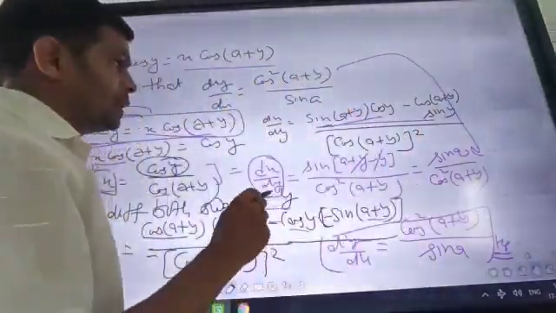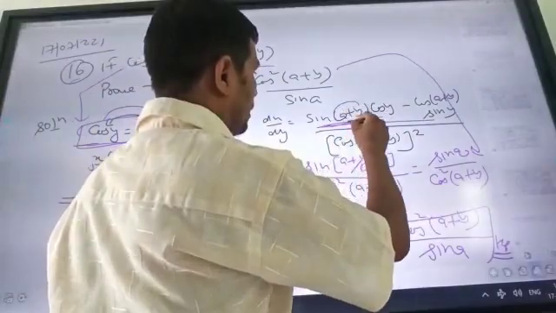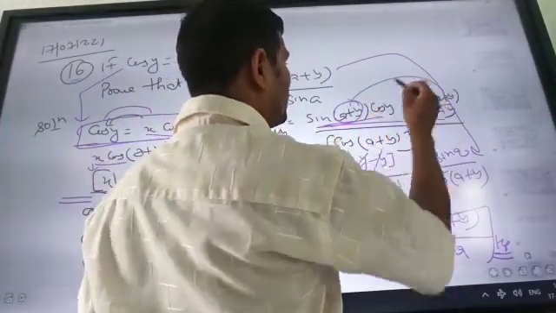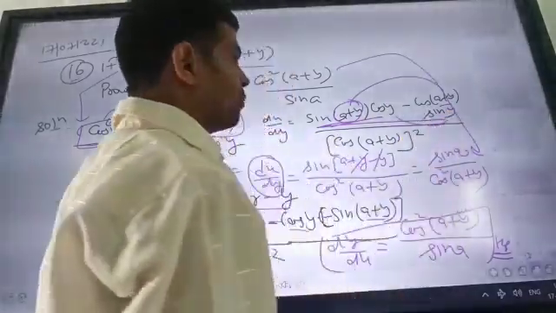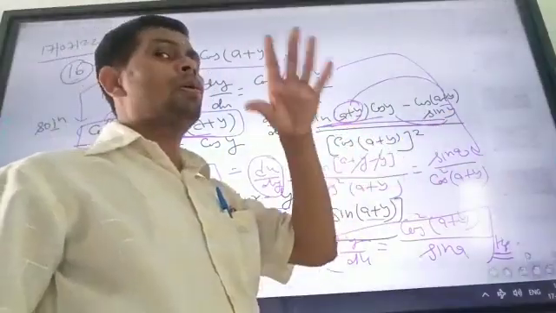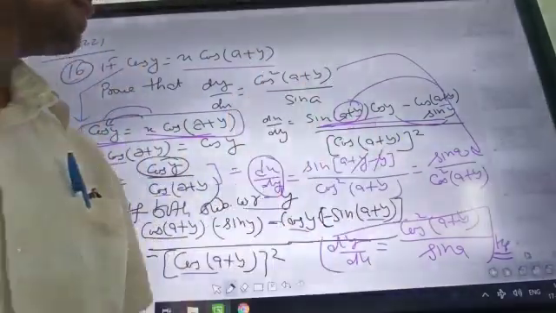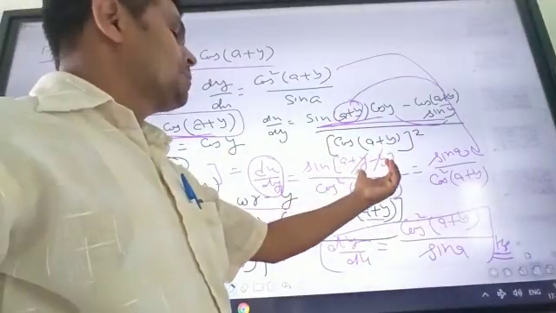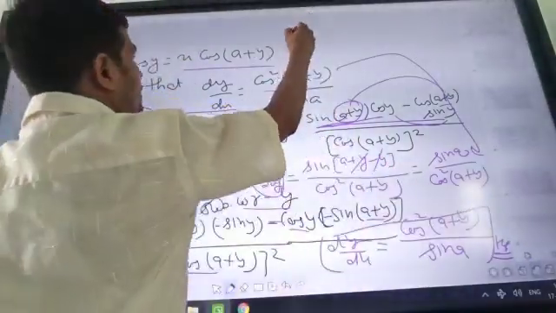You can easily see here sin a cos b minus cos a sin b. Both a's are the same, and in the place of b, this is y. You can think of the formula you studied in the previous class, 11th class: what is the formula of sin(a minus b)?